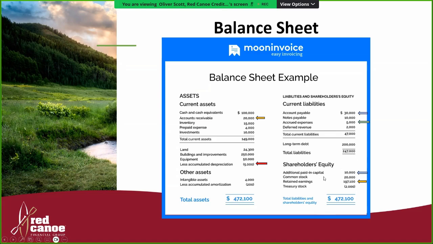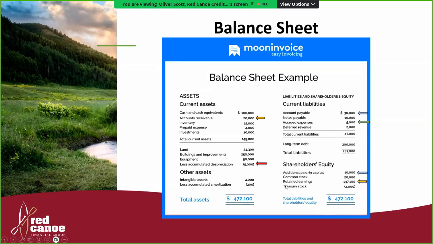Shareholders' equity, you have paid-in capital. Common stock is usually for bigger corporations than who I presume we are dealing with today, but that is investment by others into your business.